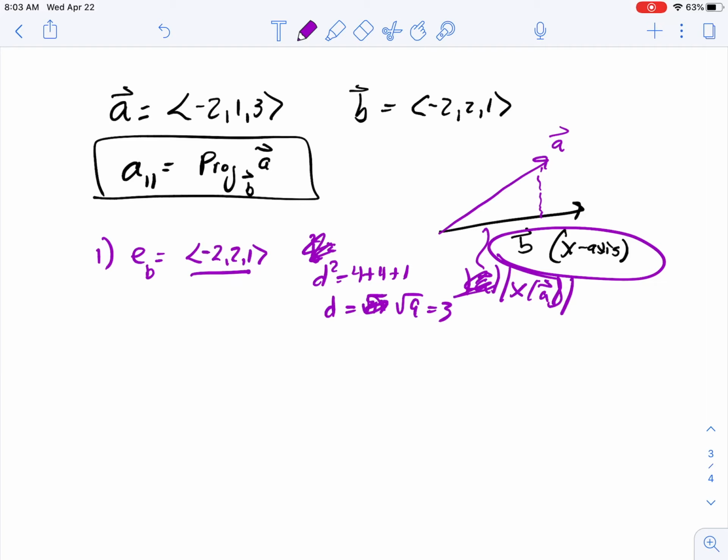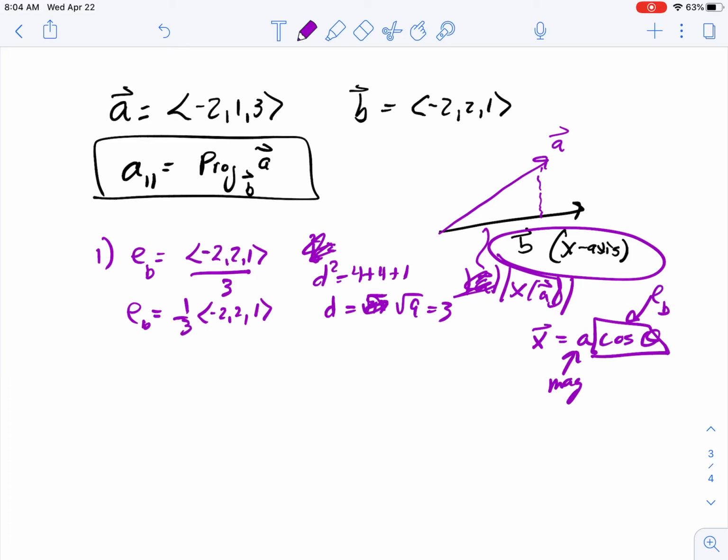Root 9, which is 3. So unit vector B would be 1/3 of negative 2, 2, 1. All right, so that's a unit vector that we can go by. So again, visualize this in two-dimensional. My x component would be A cosine of theta. That's what we found right there. That's our unit vector. Okay, so let's go ahead, multiply it by the magnitude.